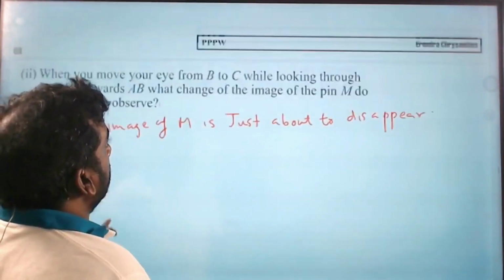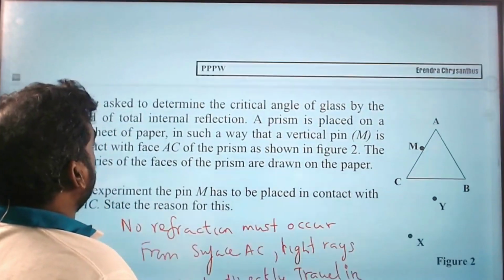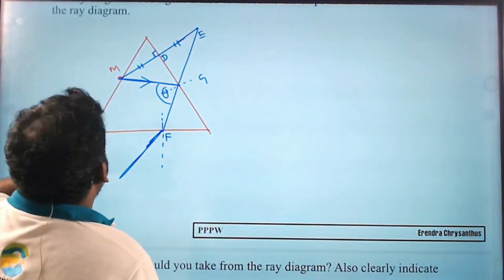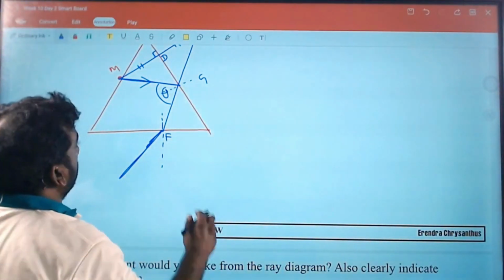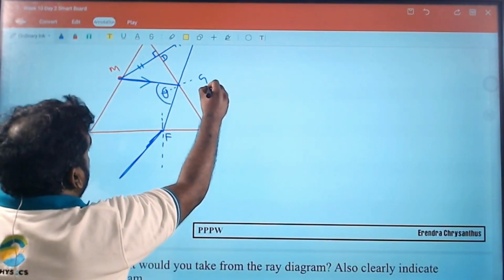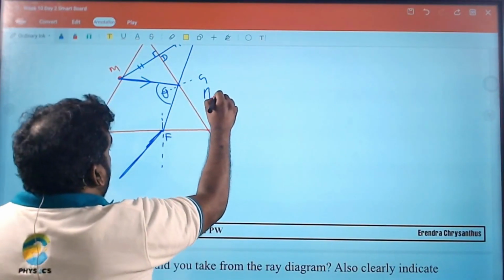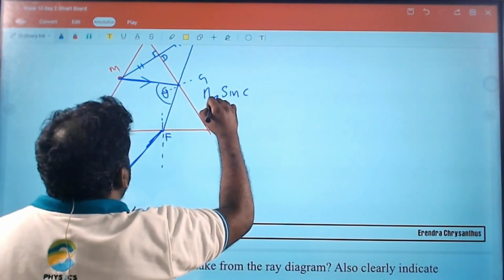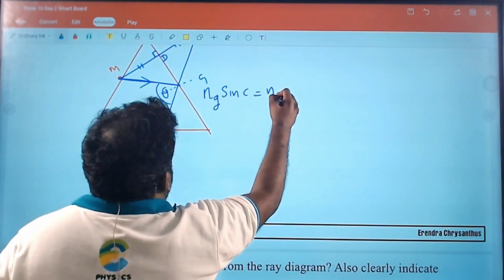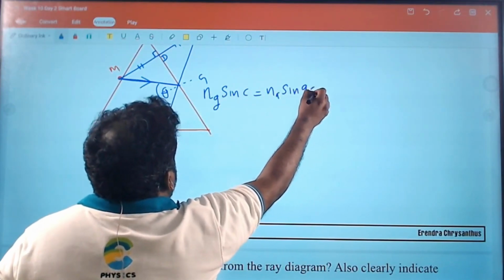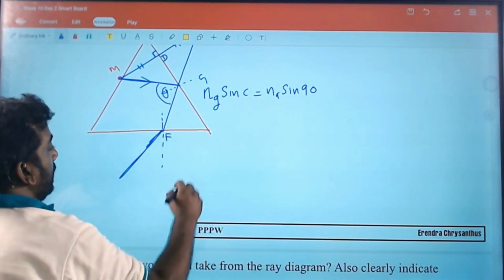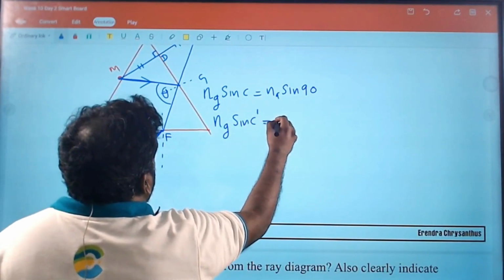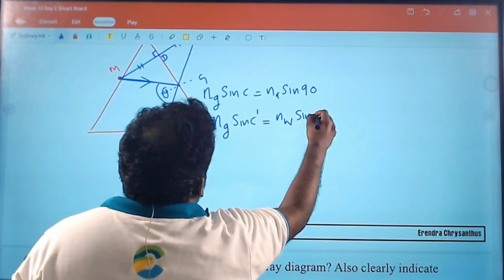So here, in this diagram, refractive index of glass times sin C equals Na times sin 90. Refractive index of glass times sin C dash equals NW times sin 90.